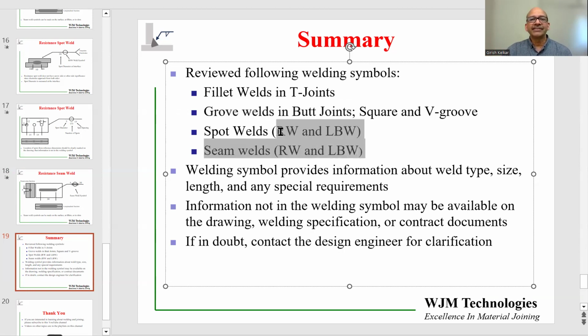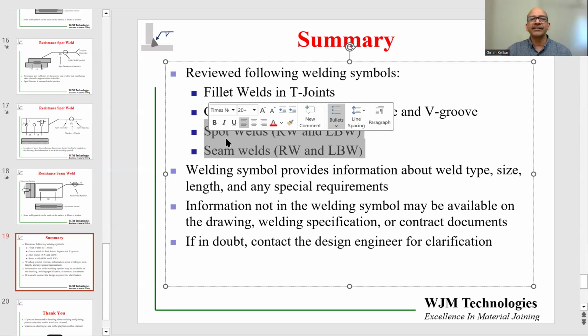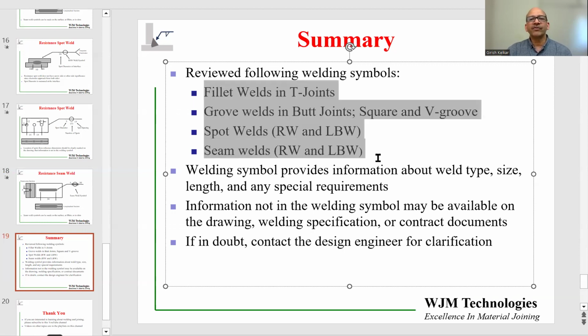Again, there's nothing magic about these. Spot and seam welds can be made with TIG welding, plasma, even electron beam welding. So with minor variations, you can use those symbols for many processes. So these 4, what we have reviewed, would probably constitute majority of the welds that you will make.